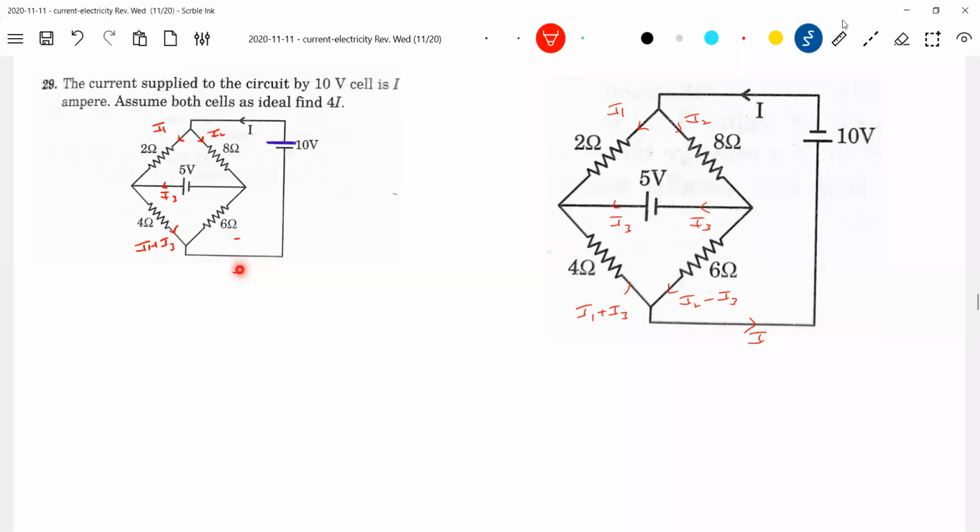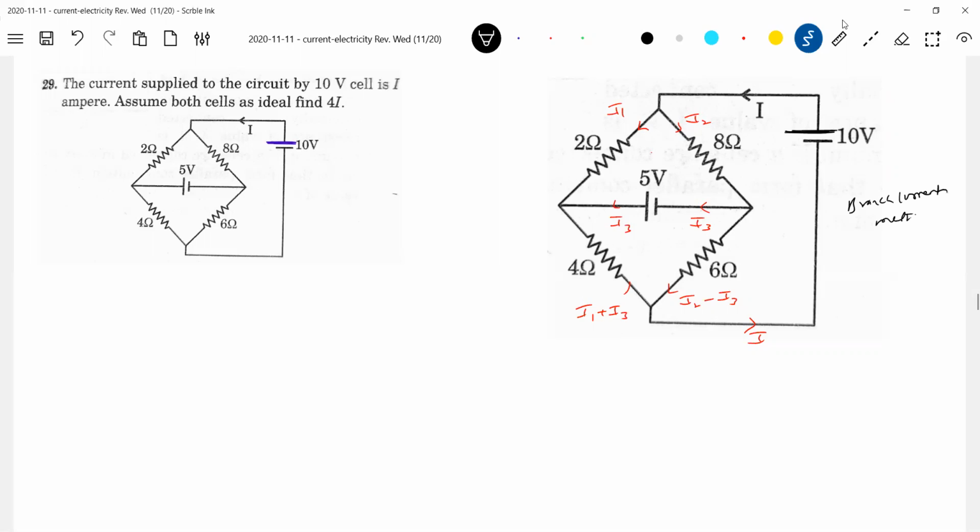I'll take these things out from here. Polarity can be anything. Let me take polarity upward. It'll be easy for us. So this is like a branch current method.